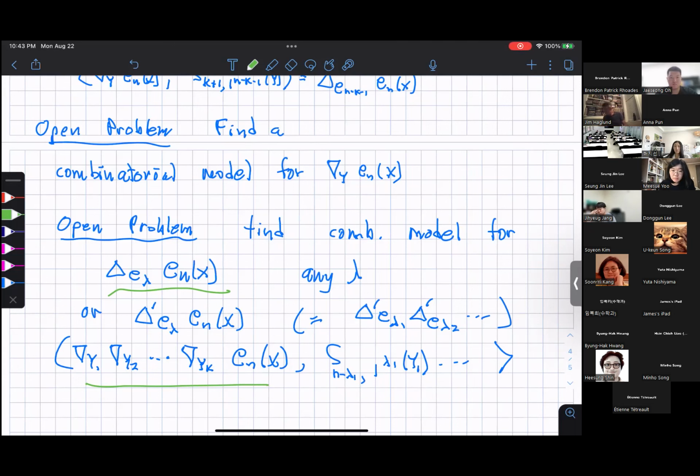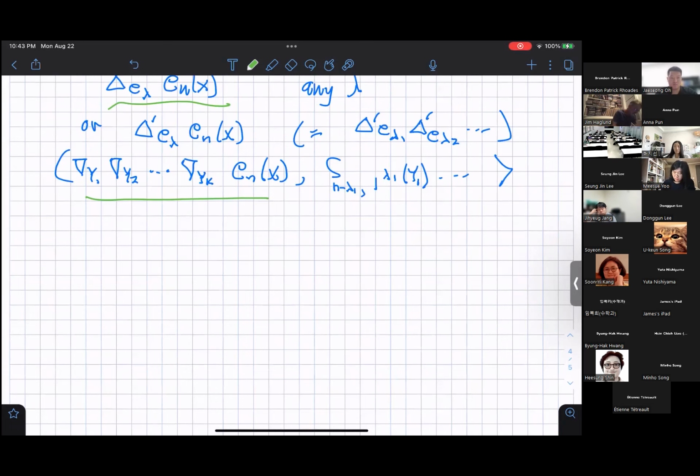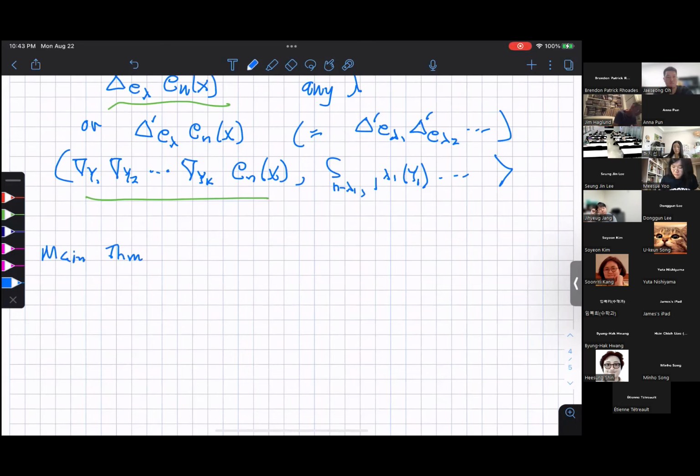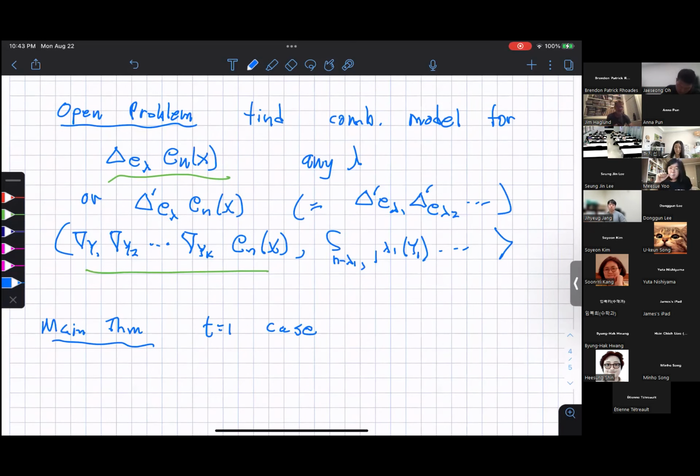So let me check where we are. Okay. So what can we prove so far? What we can do is prove we have a combinatorial model when one of the parameters is equal to 1.